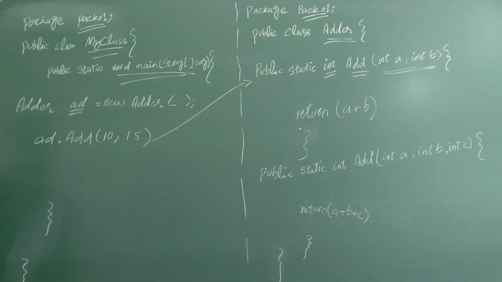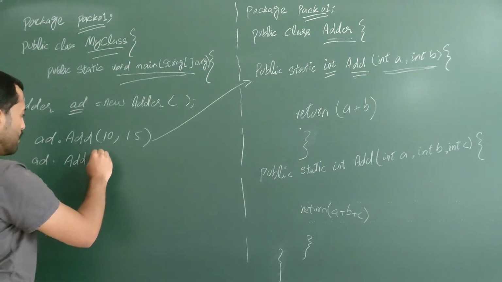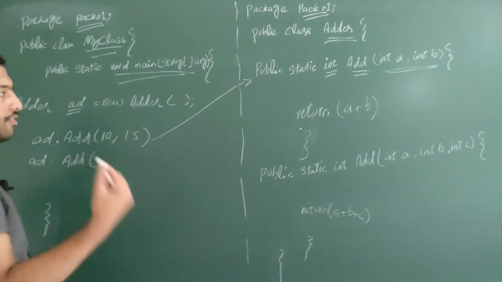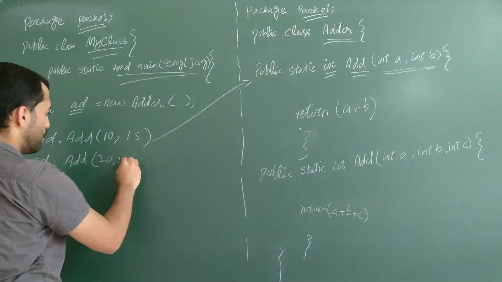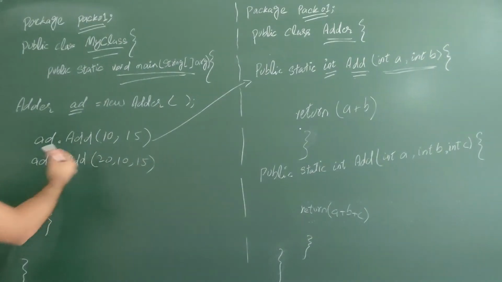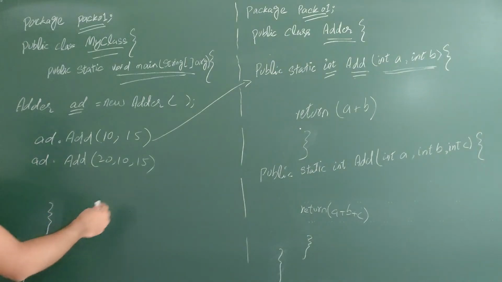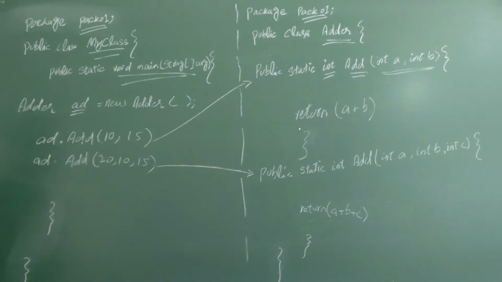But if I write again add, and this time I pass 3 parameters, let's suppose 20, 10 and 15. Now here I have passed 3 parameters. Our compiler will understand that I am calling this one, so it will come to this one.